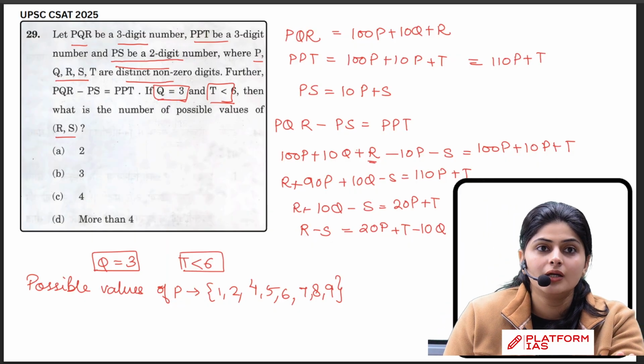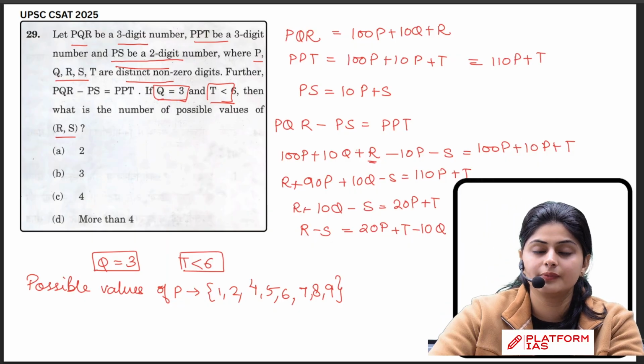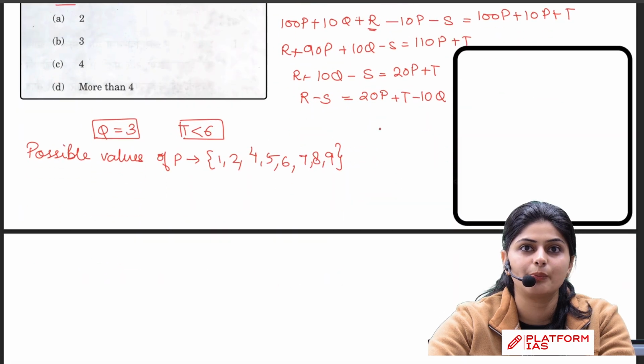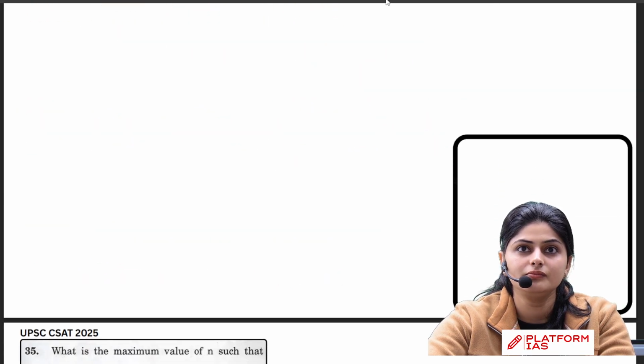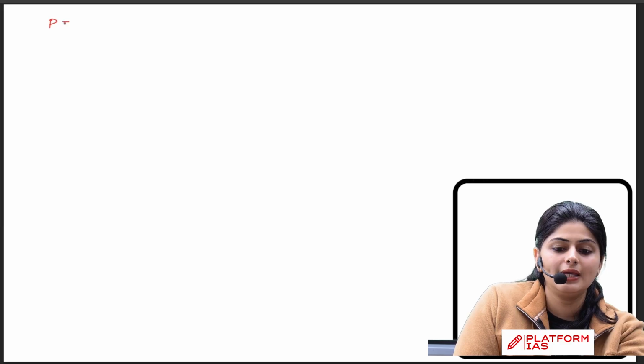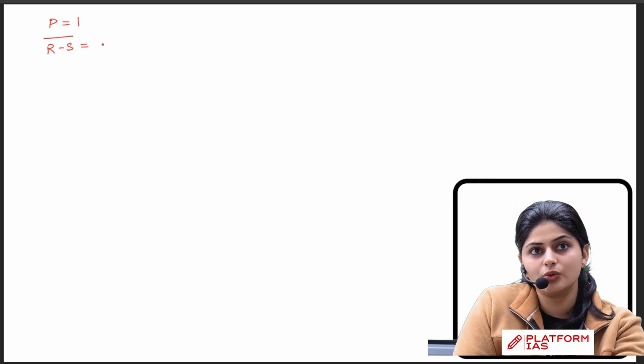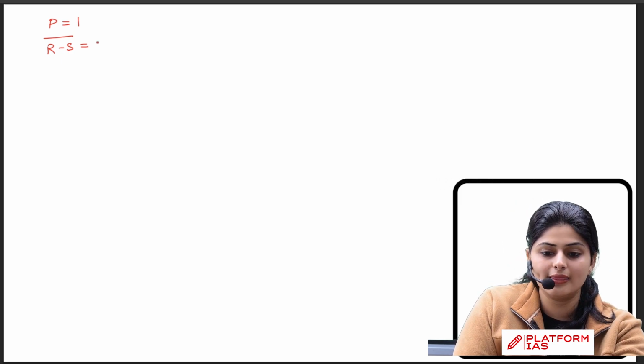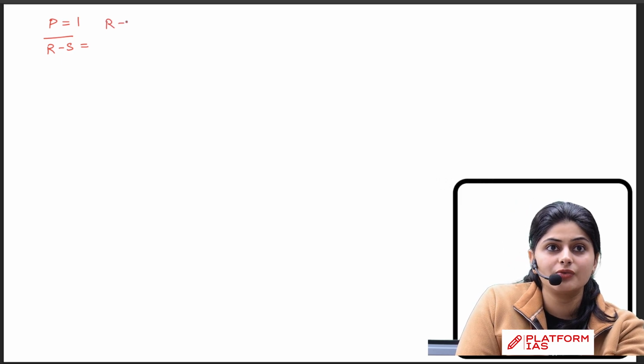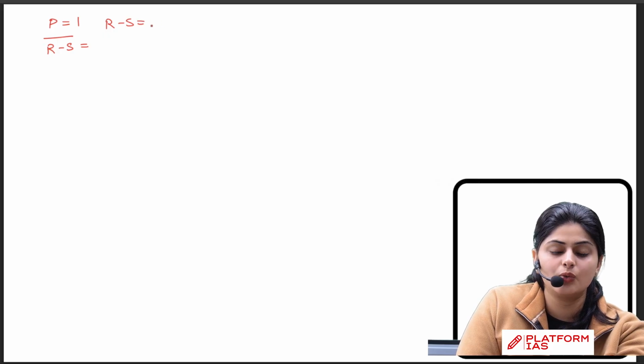Okay. Now we'll move to the next page. If P equals 1, then R minus S will be equal to, we'll substitute the value of P as 1 in the equation. The equation was R minus S is equal to 20P plus T minus 30.